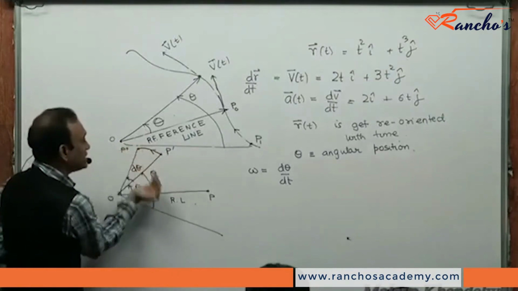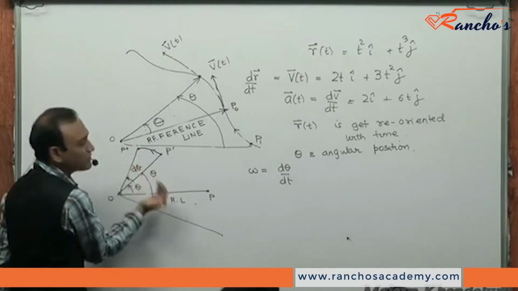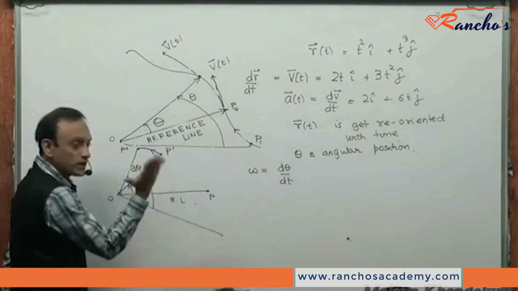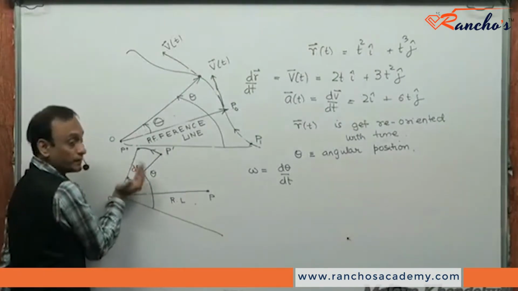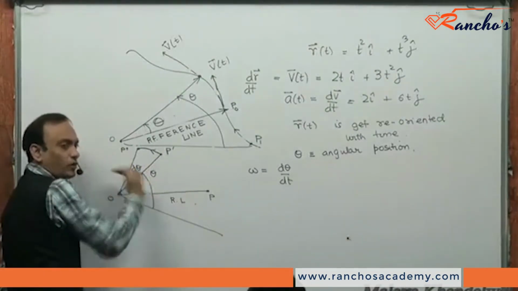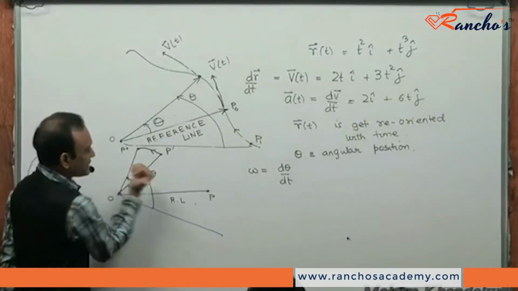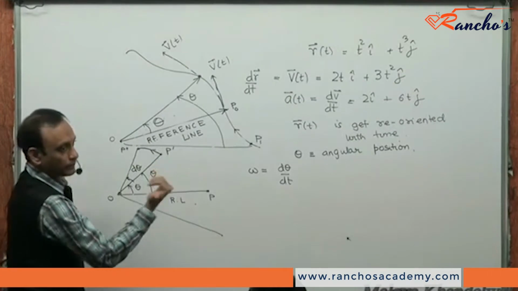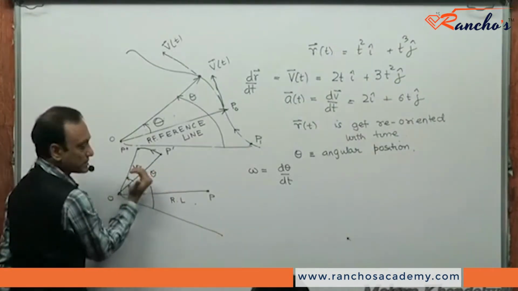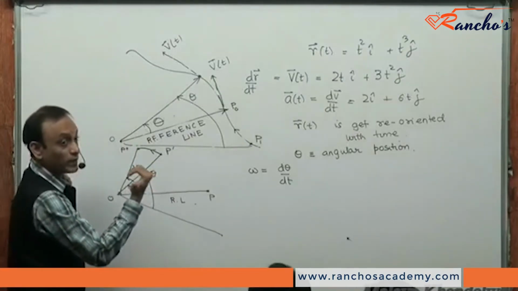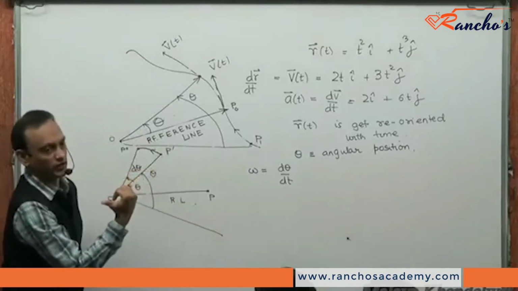In this case, the sense of d theta is anti-clockwise. See, d theta has taken place this way, anti-clockwise in this figure, and observe our thumb. The thumb comes out of the plane of the board. If the angular displacement d theta is anti-clockwise, the direction of the angular velocity vector is out of the plane of the board.